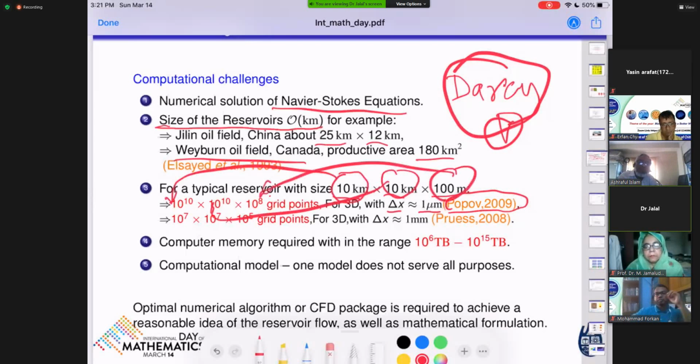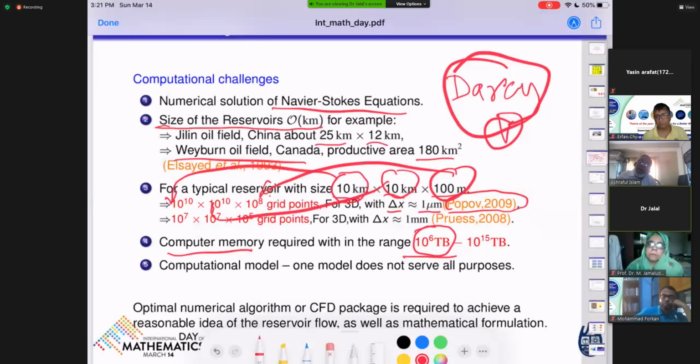And what could be the memory for these grid points? 10 to the power 6 terabytes. That means for one simulation I need computer memory of 10 to the power 6 terabytes. So one simulation is not sufficient for understanding the behavior of the reservoir flow.